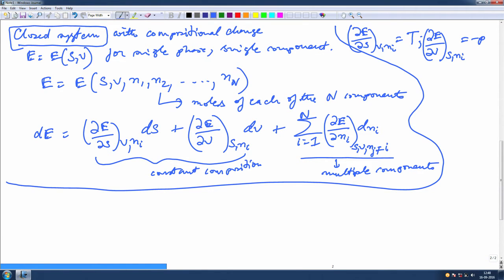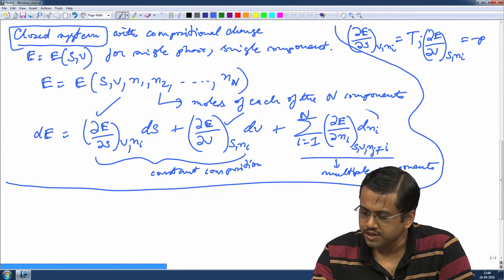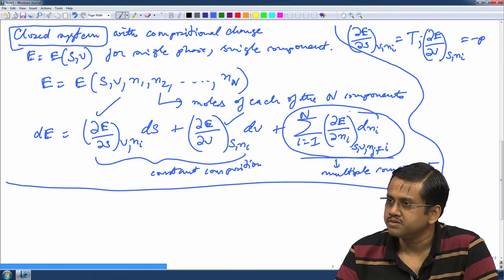So, these are the two terms essentially. Okay. So, these two terms we know the nature of, that is the variation of the internal energy with entropy for a constant volume and a fixed configuration of the number of moles of the components is basically nothing but temperature, whereas this particular term is nothing but the negative of the pressure. So, what about this particular term, right, that is the most important part.